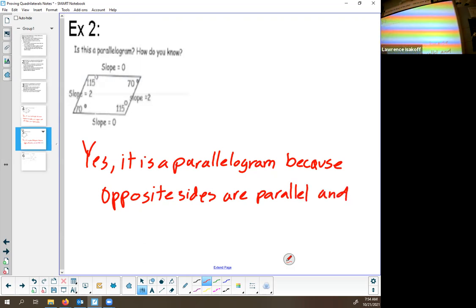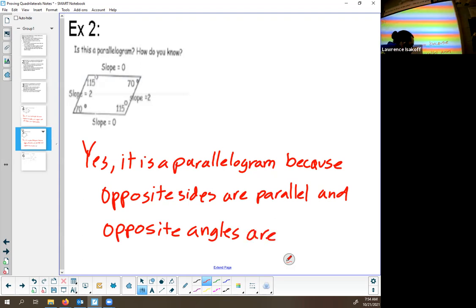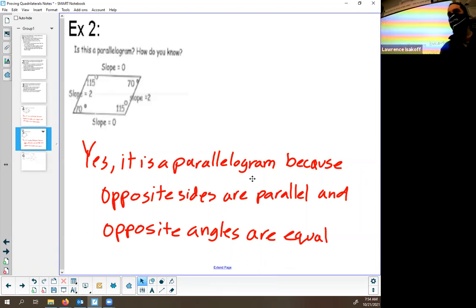And opposite angles are equal. So there is our evidence.